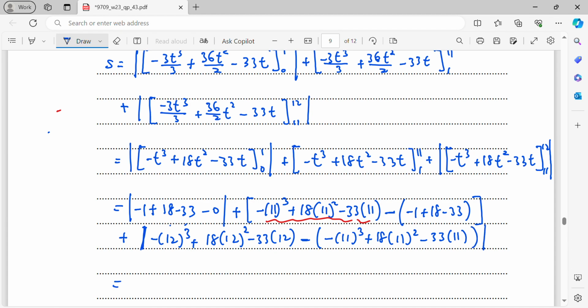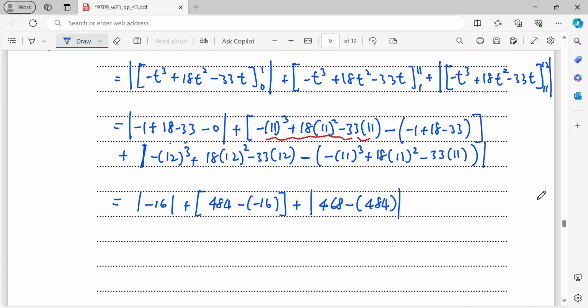Right, so when you calculate, the first one is basically modulus of negative 16. Then the next term will be 484 minus negative 16 that you get from the previous part, plus the last term, which will be modulus of 468 minus 484.